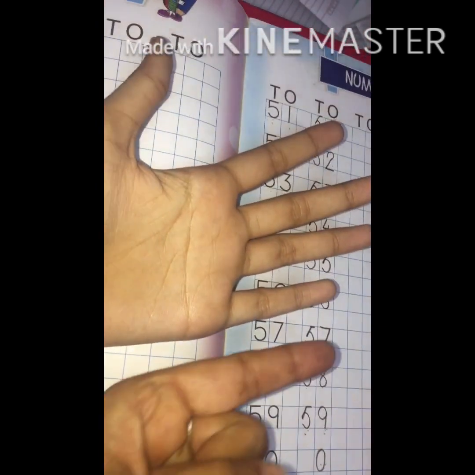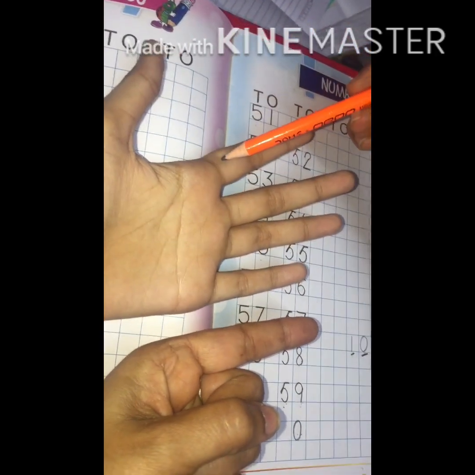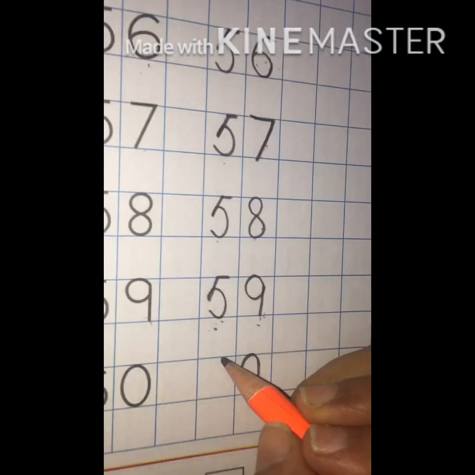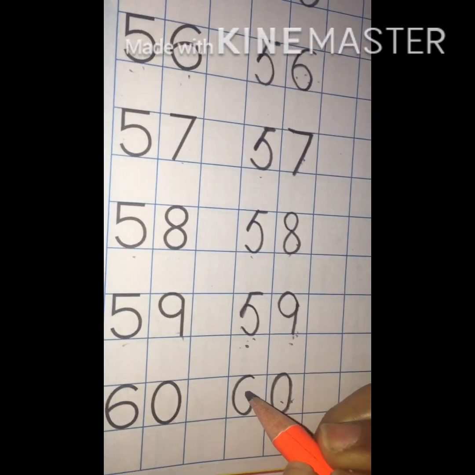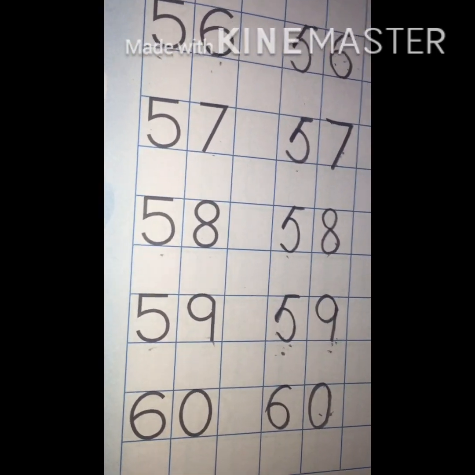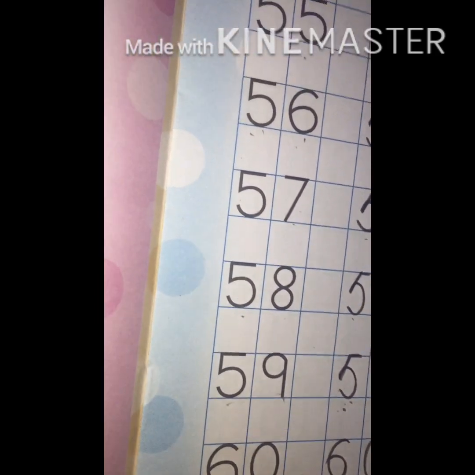This is also left. So, I am adding one more finger here. Okay. Now, let's count. 1, 2, 3, 4, 5, 6. So, which number will come here? Number 6. I hope you have understood the concept of counting and how to make the numbers.